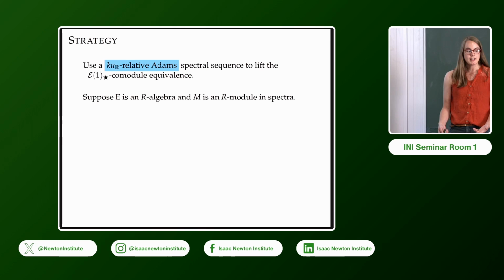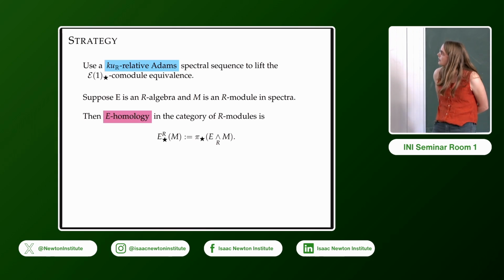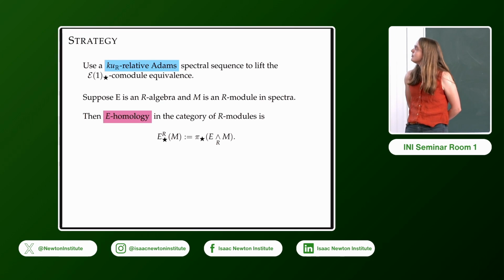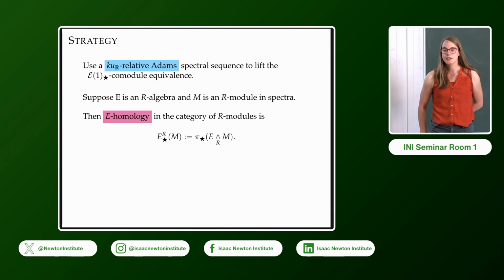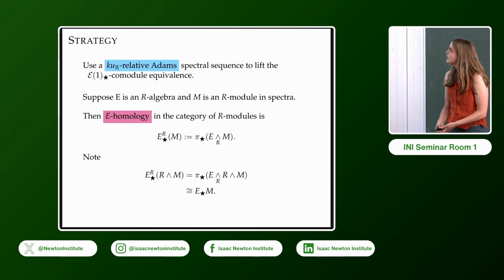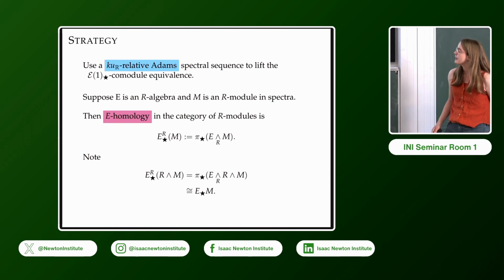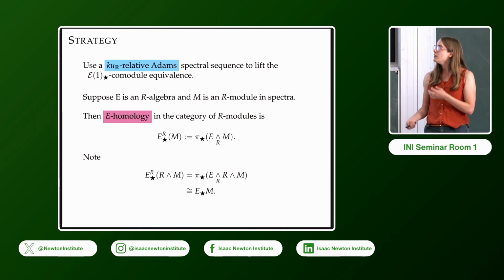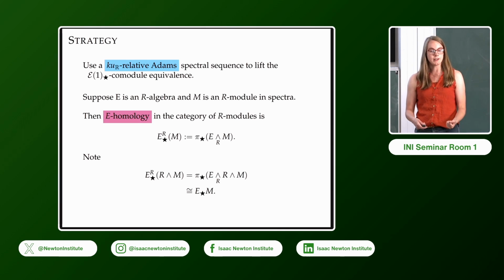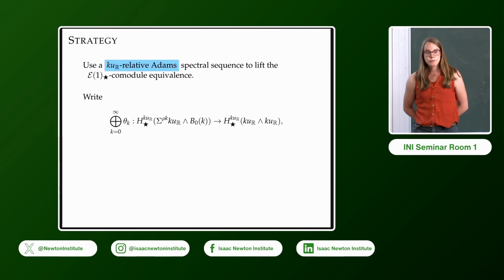In general, if E is an R algebra and M is an R module in spectra, then the E homology in the category of R modules is the homotopy of E smashed over R with M. And in particular, notice that if we were to take the homology in this relative category of R smash M, this is isomorphic to just the ordinary non-relative E homology of M. So we can use this isomorphism to rewrite our E(1) comodule isomorphism in terms of relative homology. And that's what we do here.